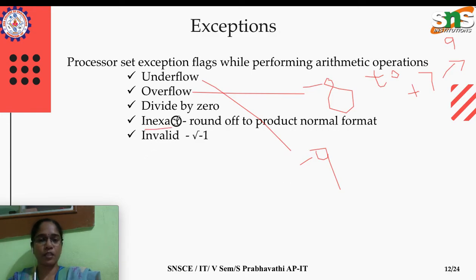So those are the exceptions. Invalid means if I perform calculations like the square root of -1. These are exceptions that need to be handled by the processor. The processor has a special register called the exception register that stores all those conditions when doing the calculations.